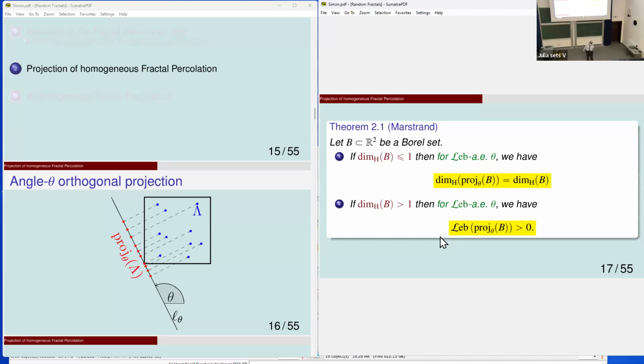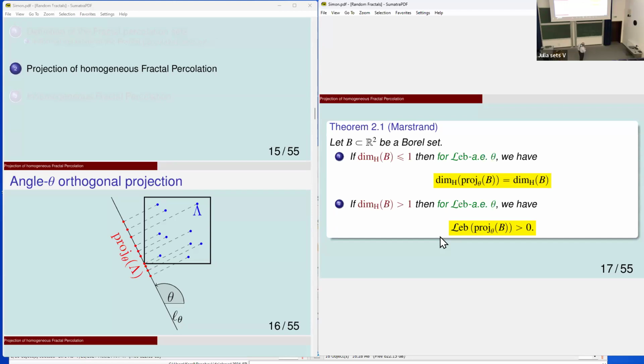But this fantastic theorem says that if the set is big in this sense, then the projection is big, at least for Lebesgue almost every direction. In which sense is it big? In the sense that the Lebesgue measure of the projection is positive.